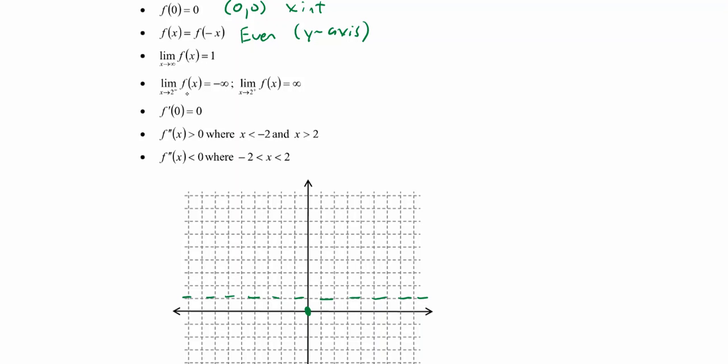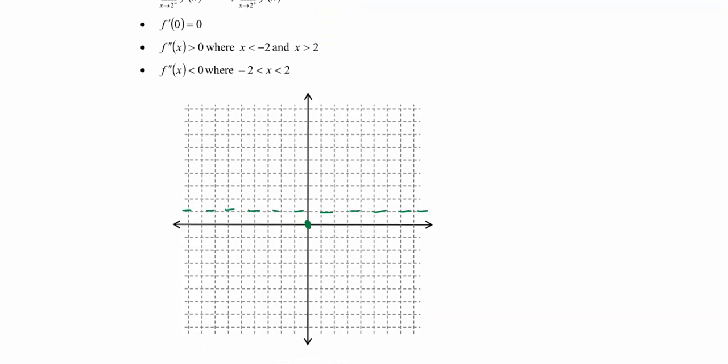Okay, so now the limit of f of x as x approaches 2 from the left is negative infinity. So 2 would be right there. And as I'm approaching it from the left, it's saying that I am going toward negative infinity, right? I'm going this way. This looks to me like we got another asymptote at 2, a vertical one this time.